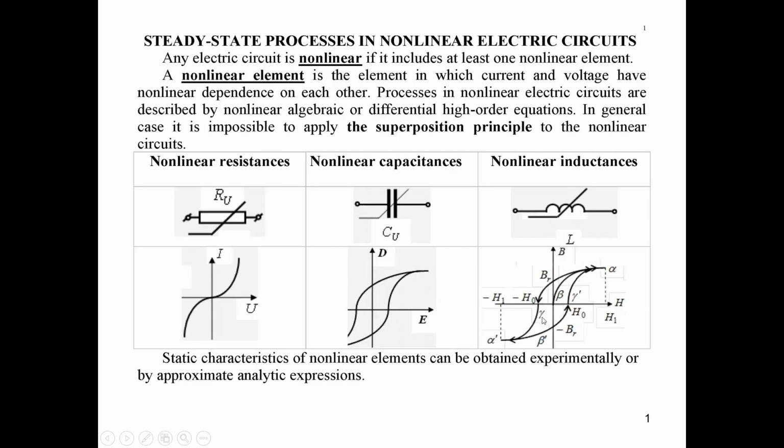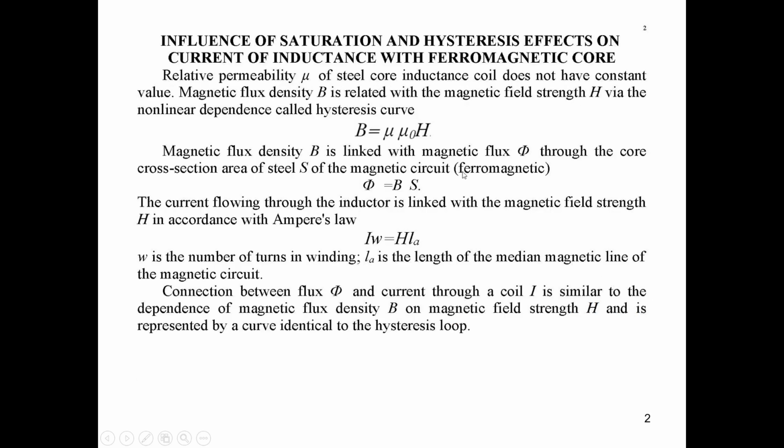Such dependencies are called hysteretic dependencies, because we do not have, as here, an unambiguous connection between these parameters, but curves which depend on the history, as I have told you, of the applied electric or magnetic field intensities. So let's consider the influence of saturation and hysteresis effects on currents in an inductance with a ferromagnetic core.